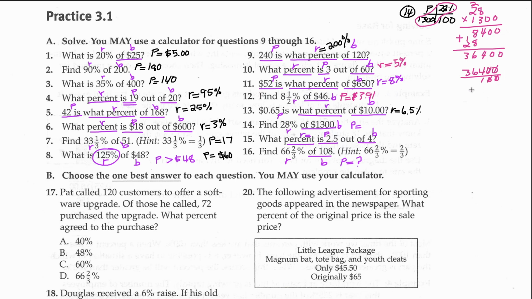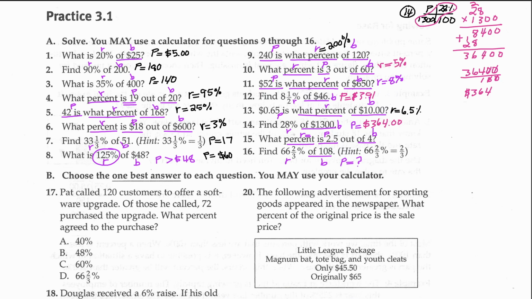So what's left is 364. That is the answer. So 364 is money. So we can put money symbol and 364 over here. You may put 0.00, that's fine, because it's dealing with money.